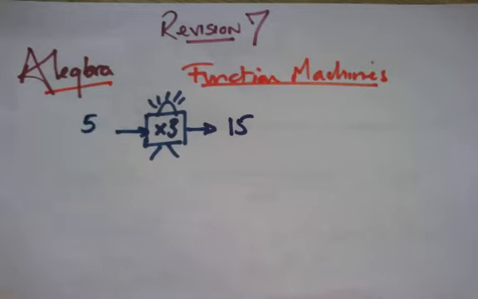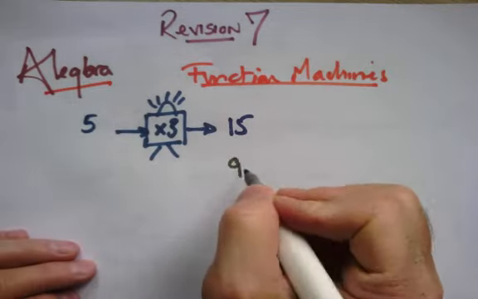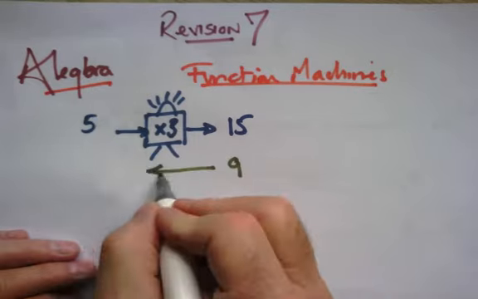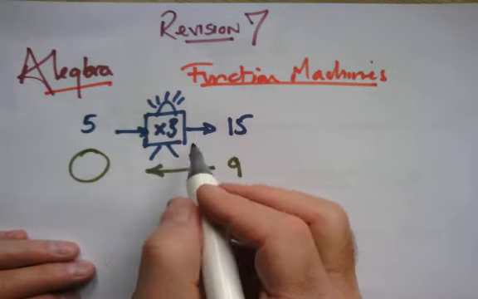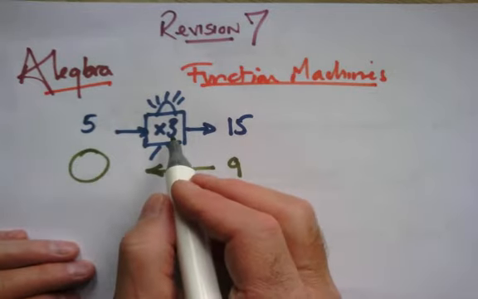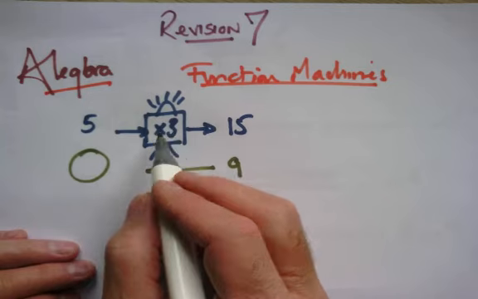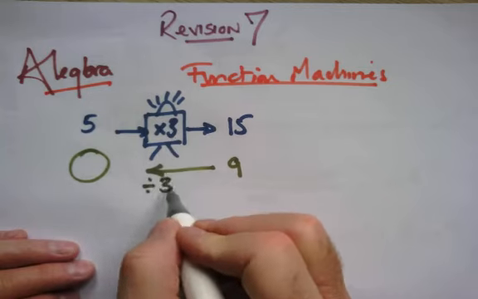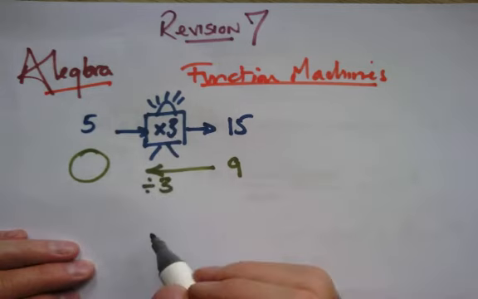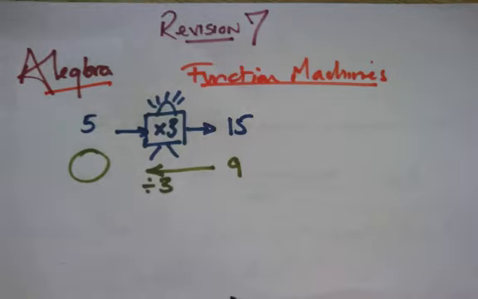Sometimes they say, this is the output, what's the input? With the function machine, you've got to do the inverse operation, the opposite operation. So when you go the other way, you do the inverse operation. That's how you solve the basic ones.